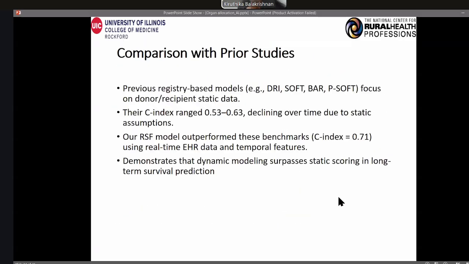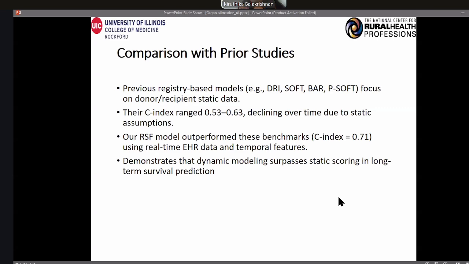This is the continuation of the comparison with prior studies. The existing models mainly focus on static donor and recipient data, for example things like donor age, cause of death, and recipient MELD scores, often fixed pre-transplantation factors. These models were developed from large registries, mostly the UNOS database, but they all share one key limitation.